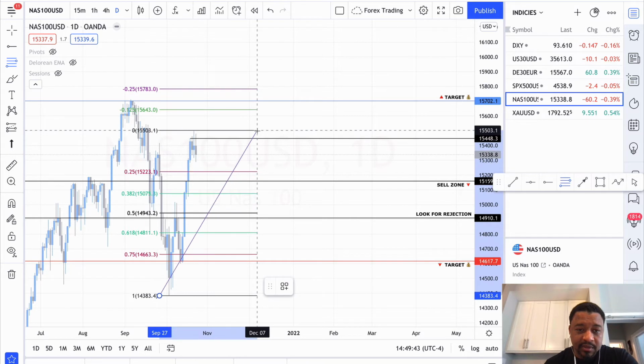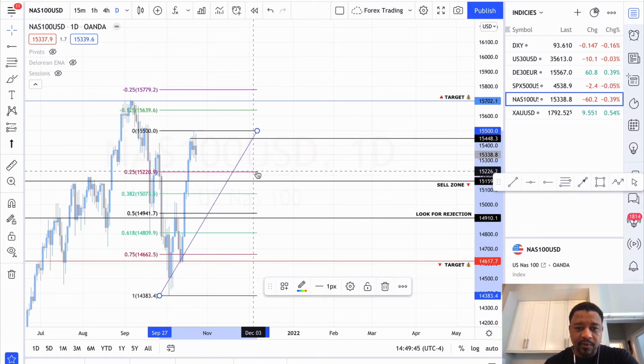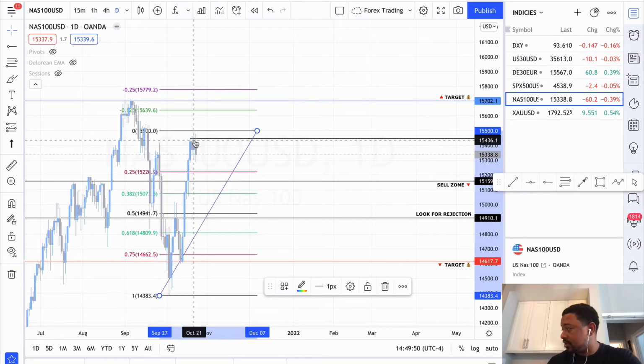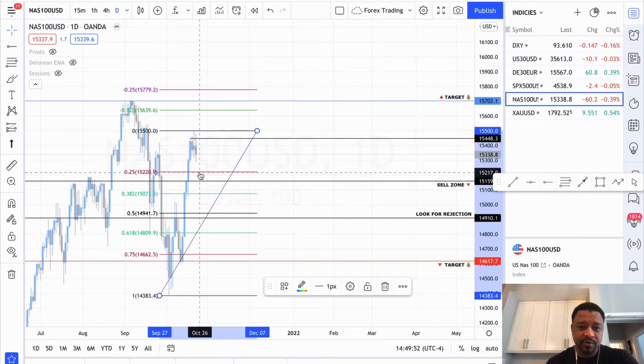Let's see. So right in here, I teach people to catch 25% in reverse. Once you see this rejection up top, price tends to reject at least 25%. So I'll be patient this week. Let's see what it does around the 25%.